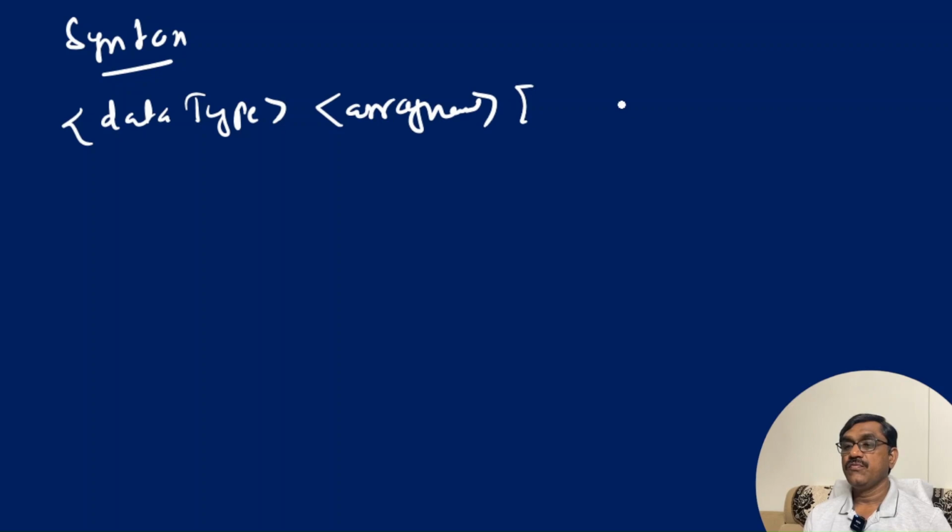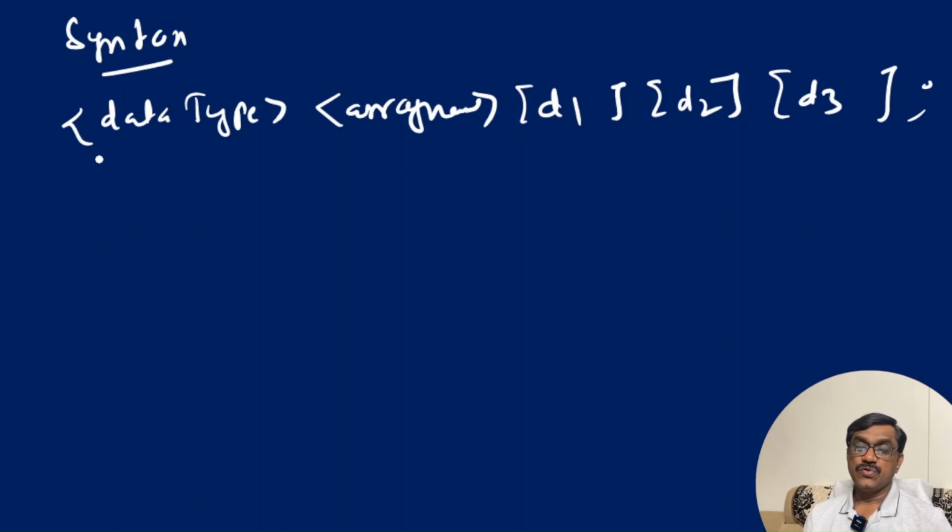Now we specify three dimensions: this is dimension 1, this is dimension 2, and this is dimension 3. We can read the elements into this three-dimensional array directly by giving the values in the program itself, or you can read the elements from the keyboard by using a scanf statement, but the scanf statement must be associated with three for loops, because we have three dimensions.